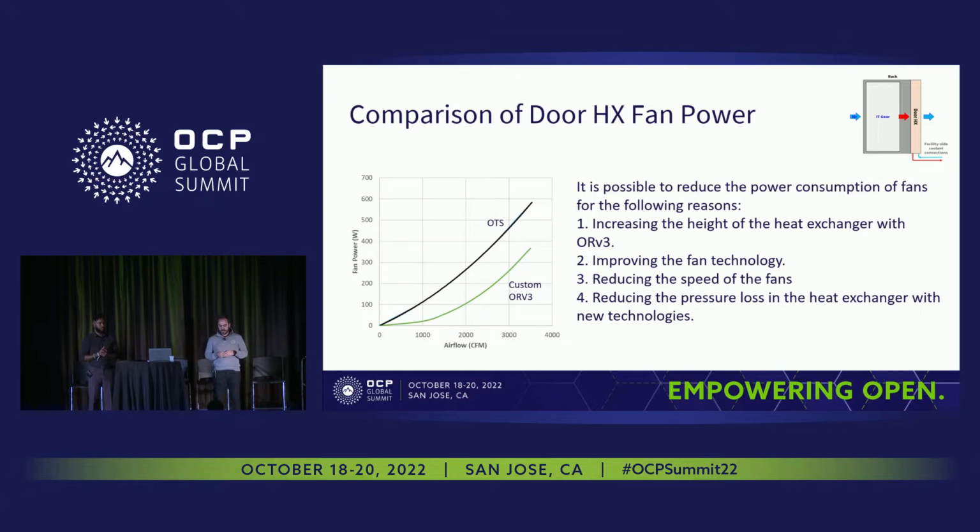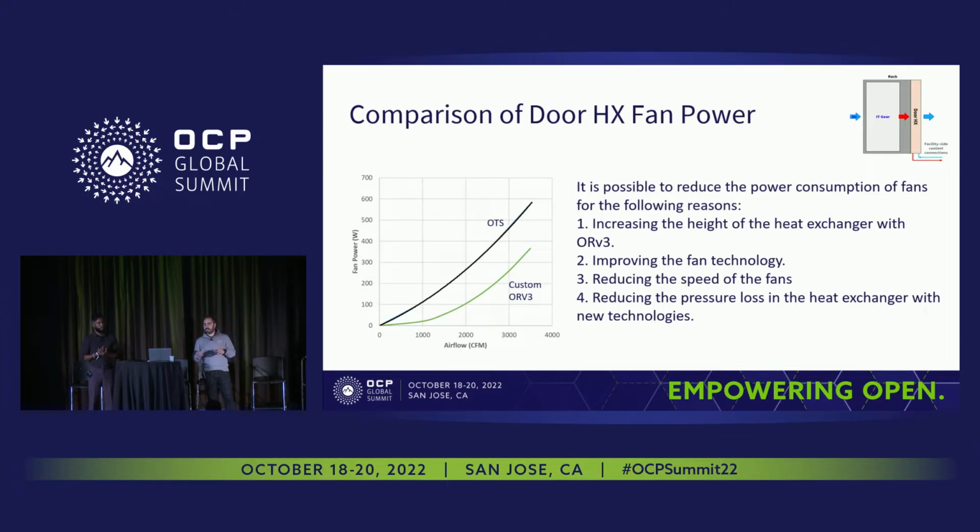You can see here in this graph the power consumption of the custom reactor heat exchanger is lower than the OTS, because there are a lot of factors we can change to increase the efficiency. One is if we don't increase the depth of the heat exchanger, but the height, we increase the performance, but the pressure drop will decrease, maintaining the flow rate.